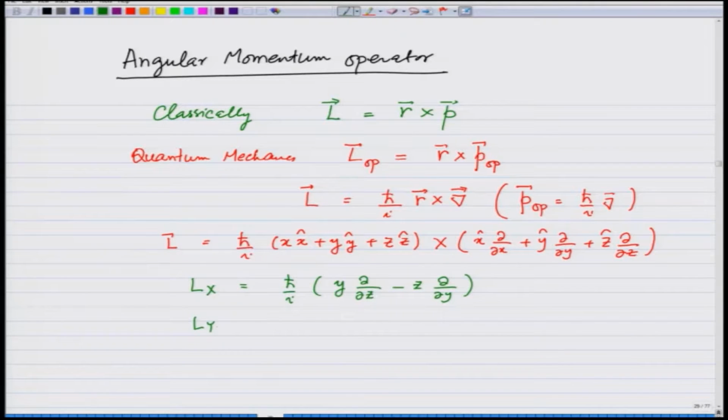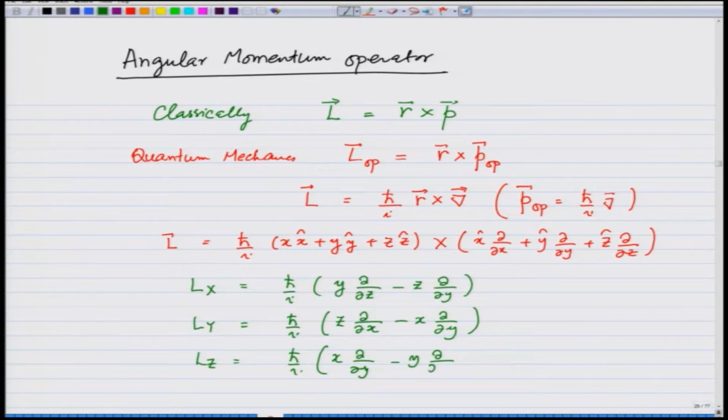Ly comes out to be h cross over i, z partial with respect to x minus x partial with respect to y, and Lz comes out to be h cross over i, x partial with respect to y minus y partial with respect to x. So, these are the components or the operators of angular momentum components in Cartesian coordinates.